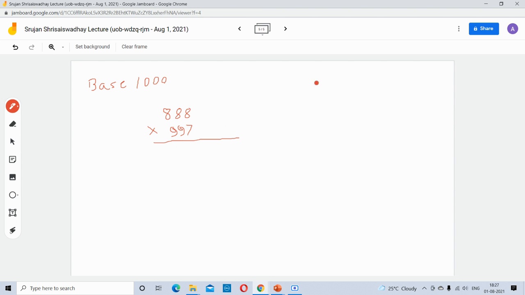Now for 888, use again that sutra, 1000 minus 888. Use the sutra of Nikhilam Navatashcaramam Dashatah. So last digit from 10 and rest from 9.